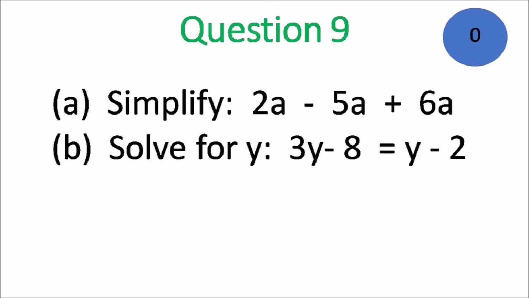So A, simplify 2A minus 5A plus 6A. And B, solve for Y. 3Y minus 8 is equal to Y minus 2. Timer is off and running. The first one is simple, do it quickly. The second one, you have to solve for Y. It should take a little longer for the second part of this.